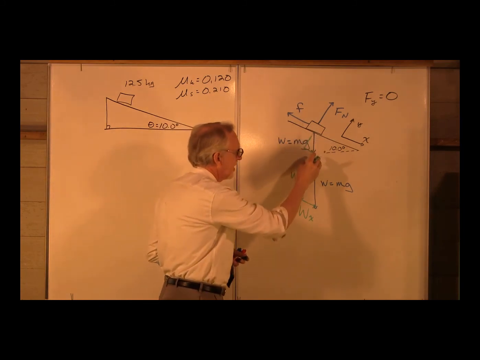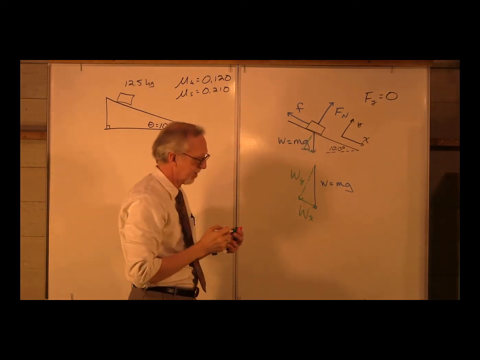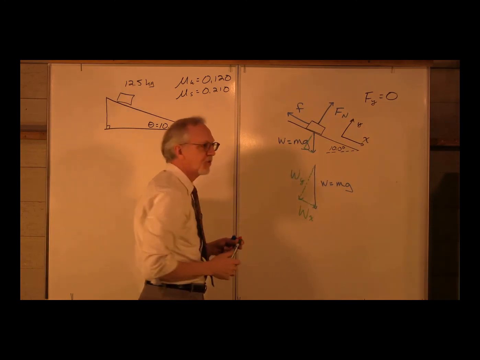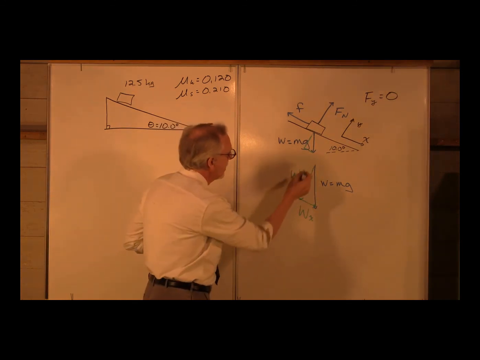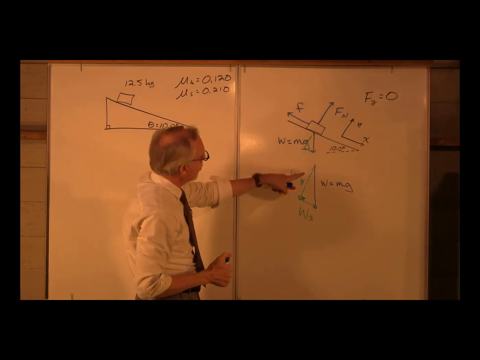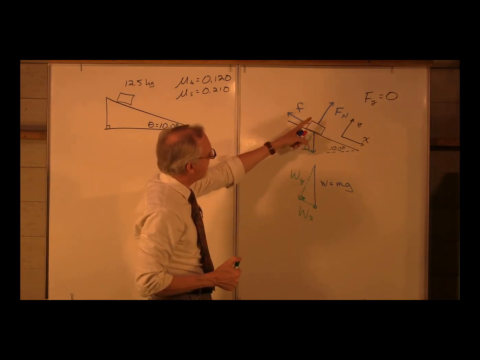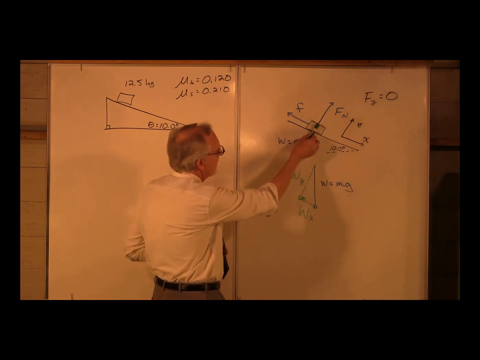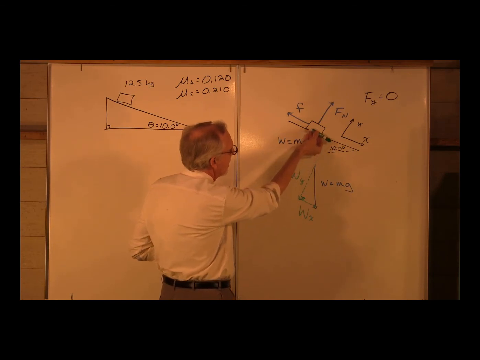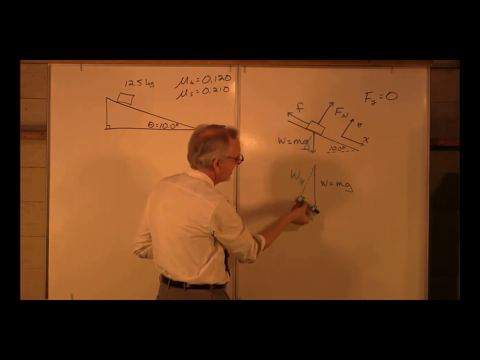I've taken that triangle and drawn it a little bit larger down here. So we've got the weight, which is the hypotenuse of the triangle, and then we're drawing the two sides that are perpendicular to each other. The one side that is perpendicular to the incline is here, and the side that is down the incline is this side.